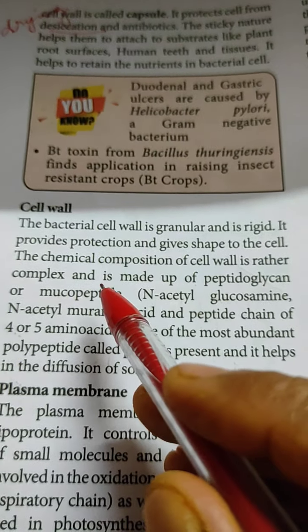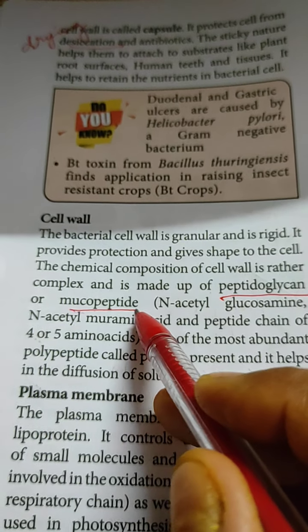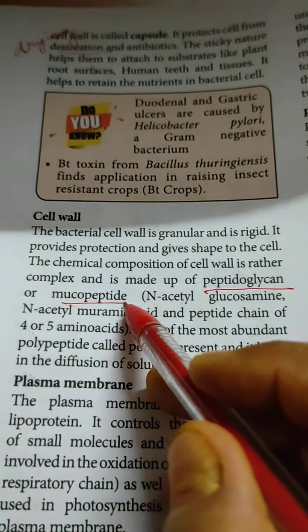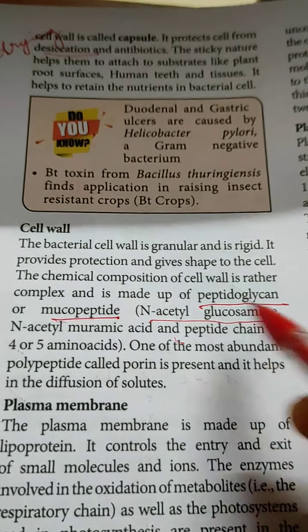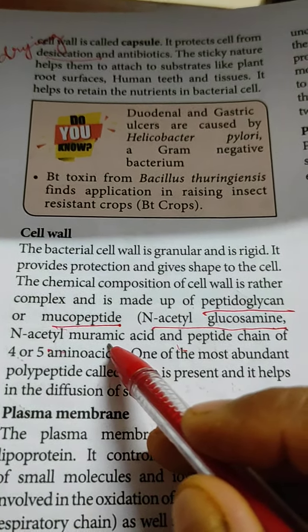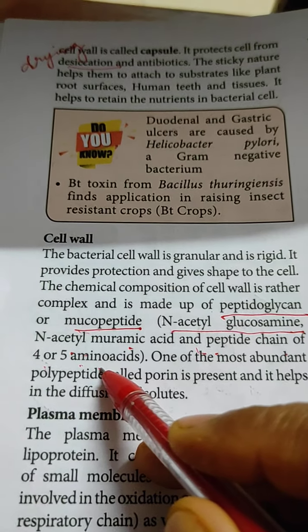The chemical composition of the cell wall is rather complex, with underlying peptidoglycan or mycopeptide. These are polymers of which units? Name of that unit: N-acetyl glucosamine, N-acetyl muramic acid, and a peptide chain of 4 to 5 amino acids.